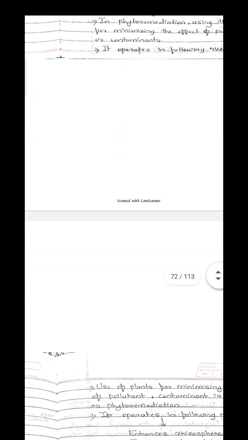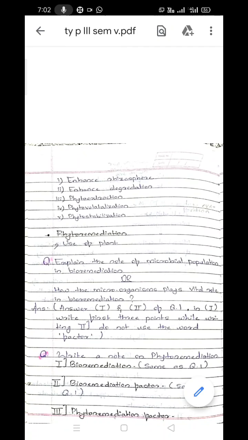Then in the phytoremediation factor, there is the use of plants for degradation of the pollutants. So these are the factors which are useful for decreasing the pollutants.